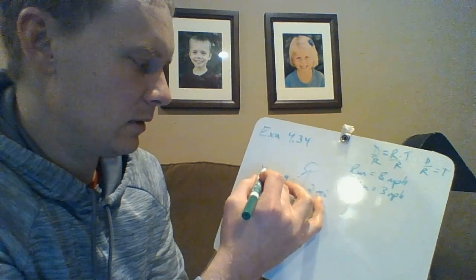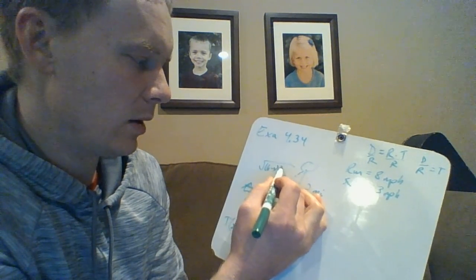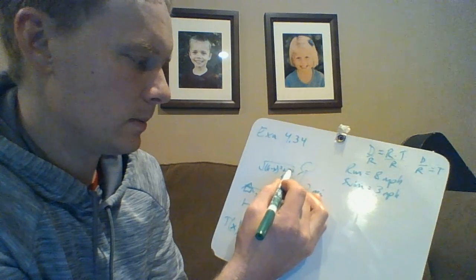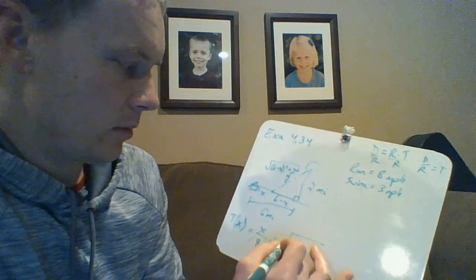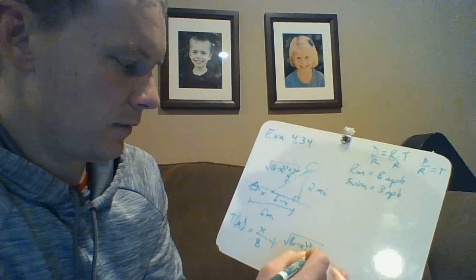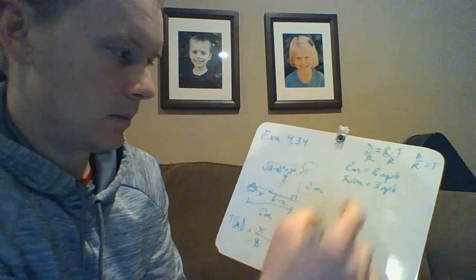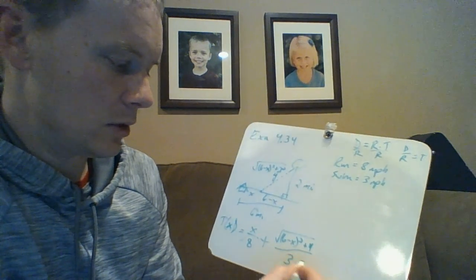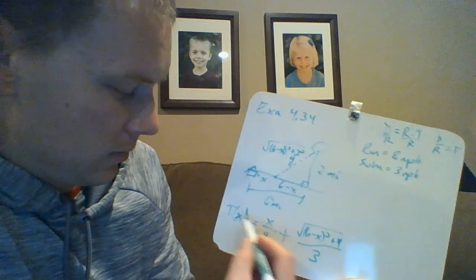That distance y is essentially the square root of (6 minus x) squared plus 2 squared. Right? So that's our distance, the square root of (6 minus x) squared plus 4, all over the rate, which is 3 miles per hour. Okay? So all that represents our function.